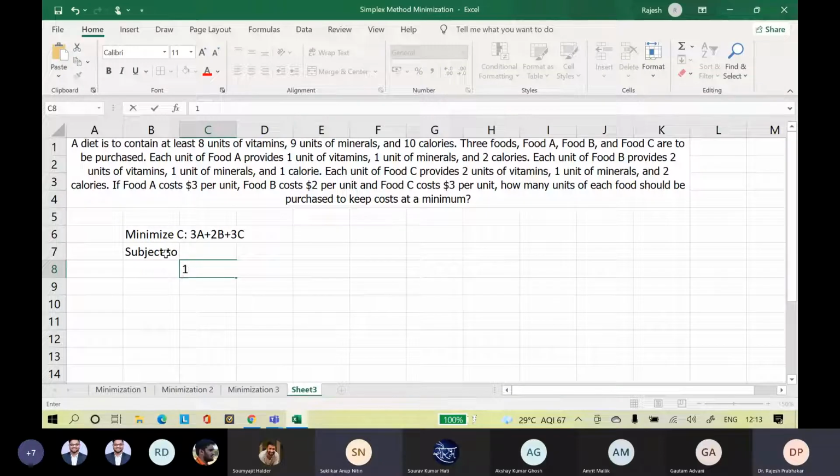I guess, sir, we have to compile all the vitamins together and then put them. One vitamin plus 2 vitamins, right? Yes, sir. 1, 2, 1, 2, and 2, greater than or equal to 8.